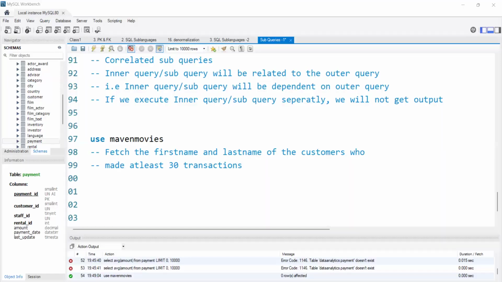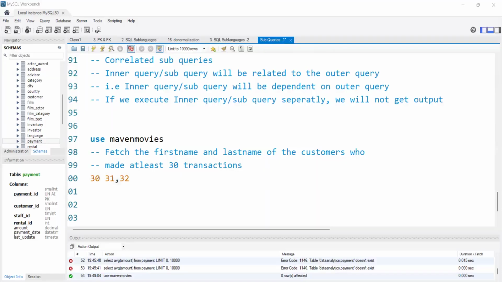More than 30 is also fine, but not less than 30, right? At least 30 means the customer should pay 30 times. If more than 30, like 31, 32, it is also okay, but it should not be up to 29. First understanding is that.